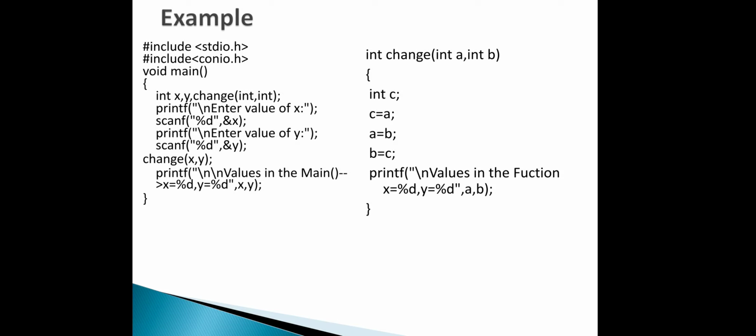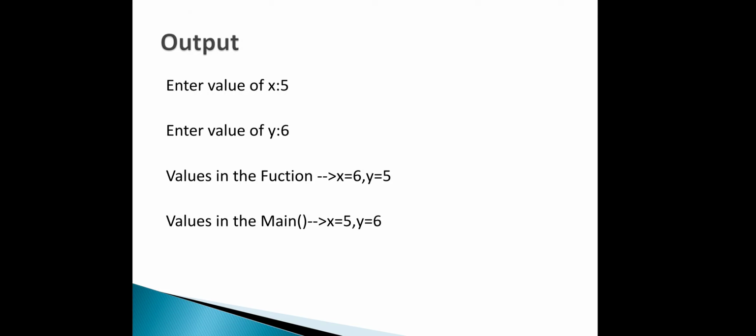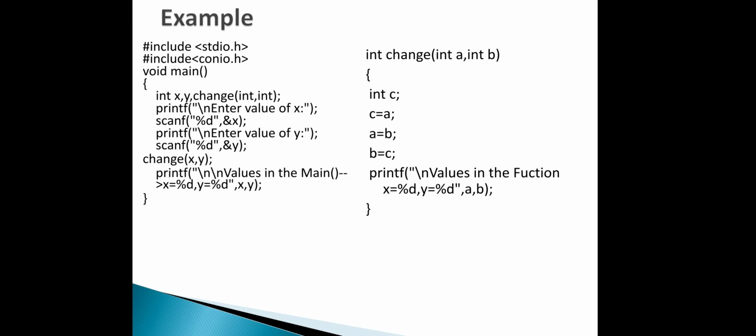Here execution starts from function main, and we read the values for variables x and y. Assume we are reading 5 and 6 respectively. We print the values before swapping, or changing, because here we are using the change function. Before swapping, it will print 5 and 6.